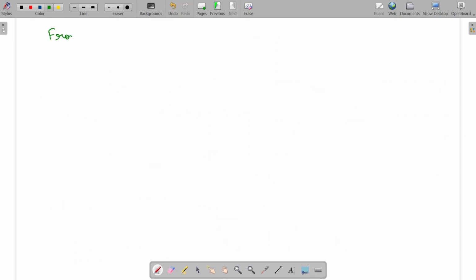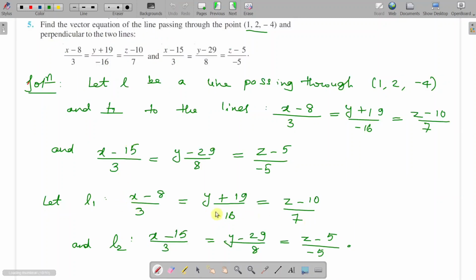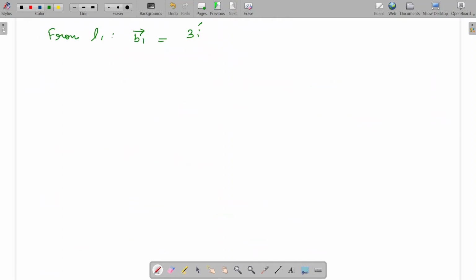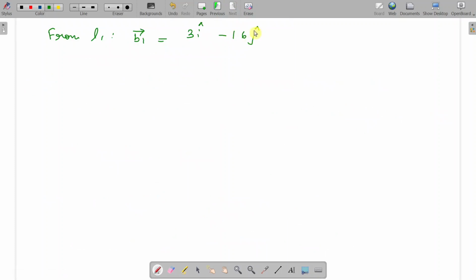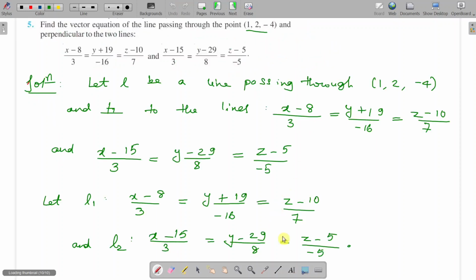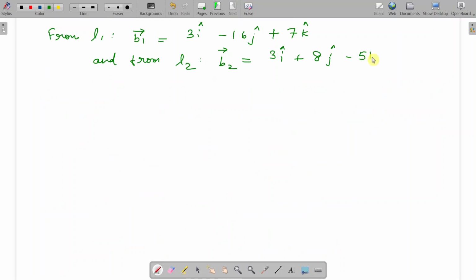So from L1, B1 bar is this, from the denominator we get 3 i cap minus 16 j cap plus 7 k cap, okay, and from L2 what we get is B2 bar, that is nothing but 3 i cap plus 8 j cap minus 5 k cap, okay.